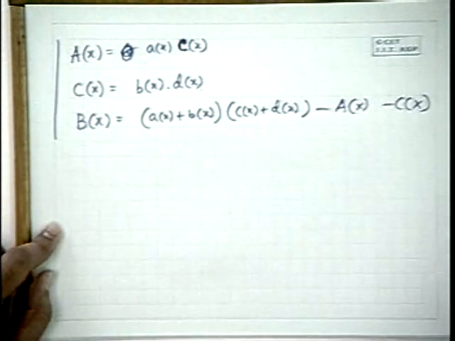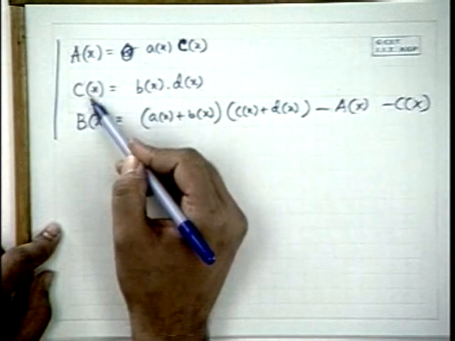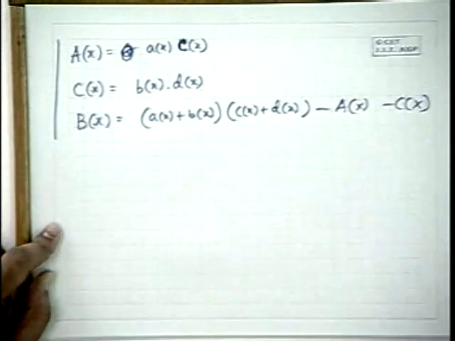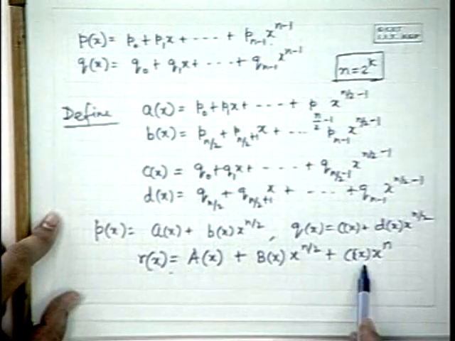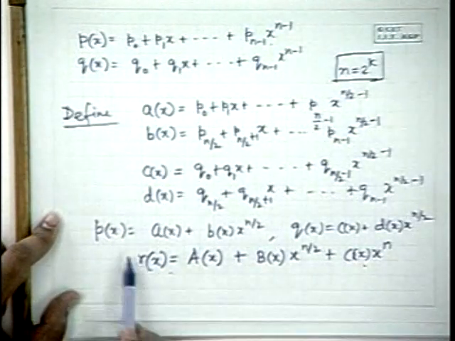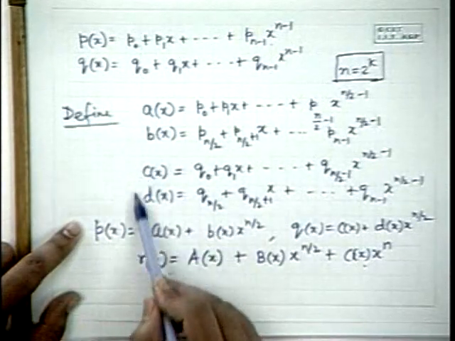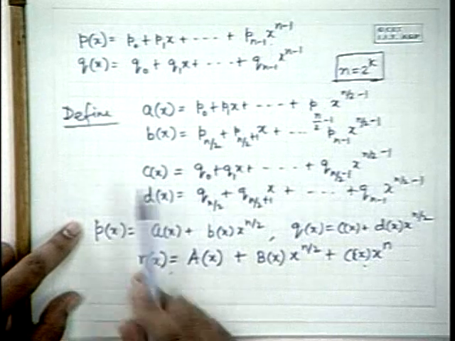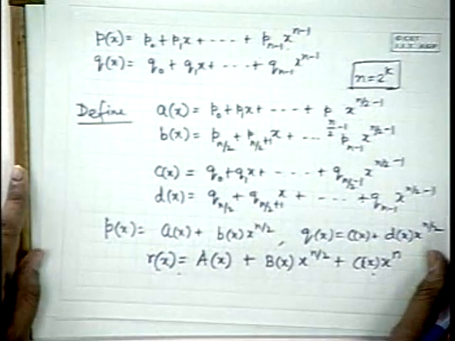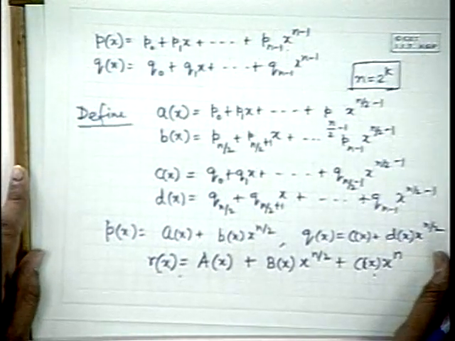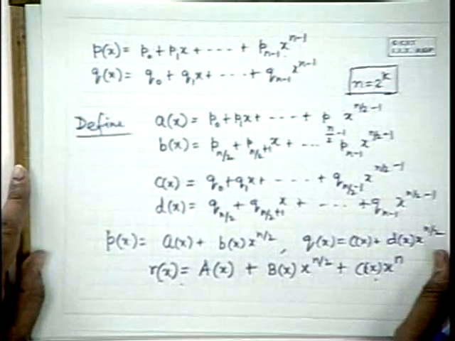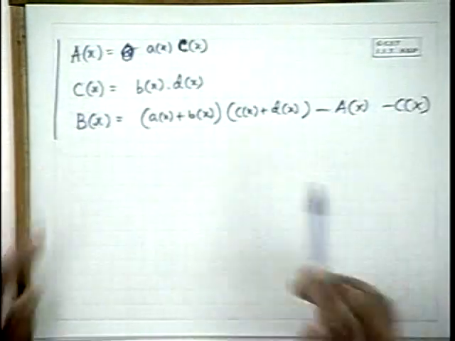And you will see that if you define ax, cx, bx like this, and your Rx is this, then it is correct. If you multiply px with qx, when you have split it into ax, bx, cx, dx, it's exactly this. You can verify it very easily. Okay, now what do we have?